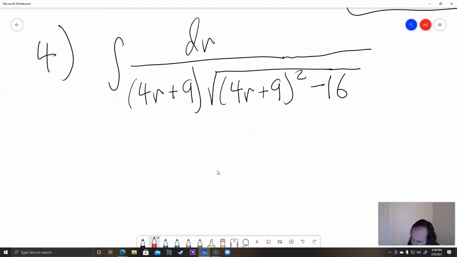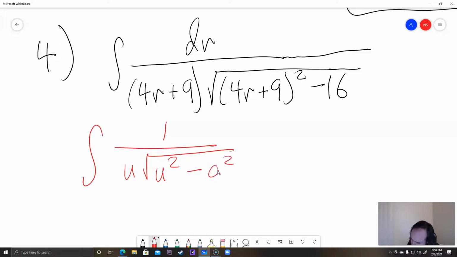Okay, so we want to have it in the form integral of 1 over u times the square root of u squared minus a squared du. That's our goal, that's the form that we need to get it in order to use the formula. And if you look at it, it's pretty close to that form.